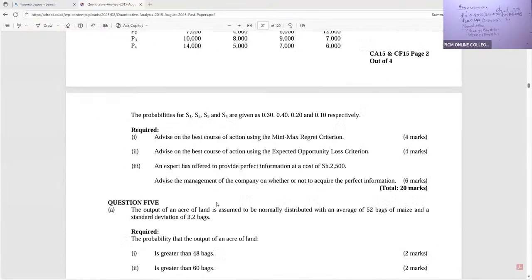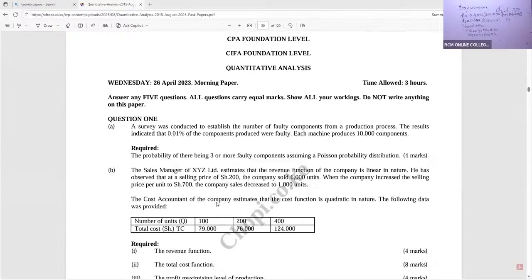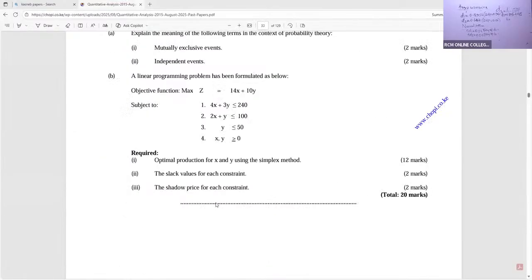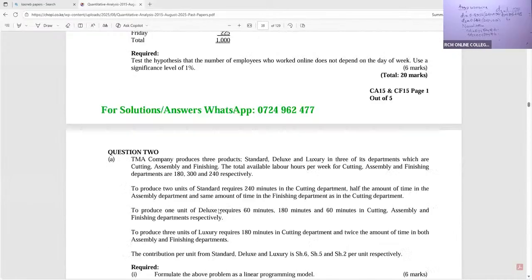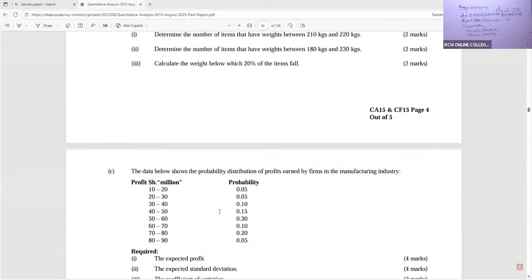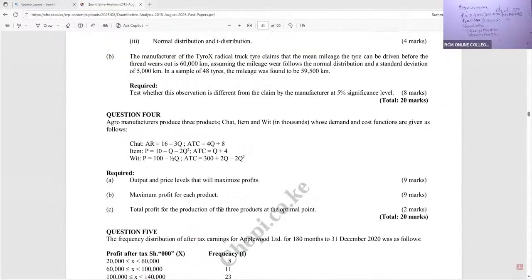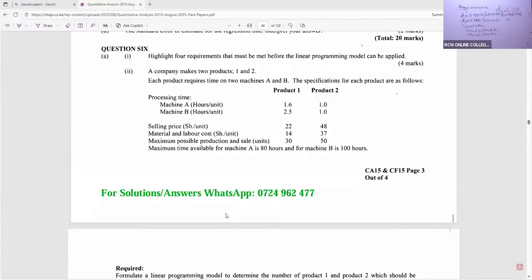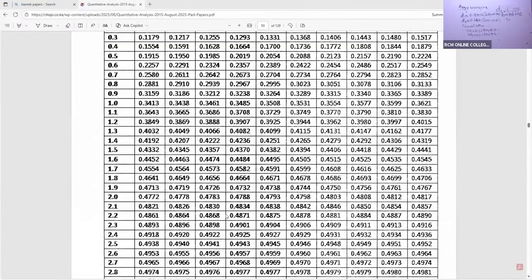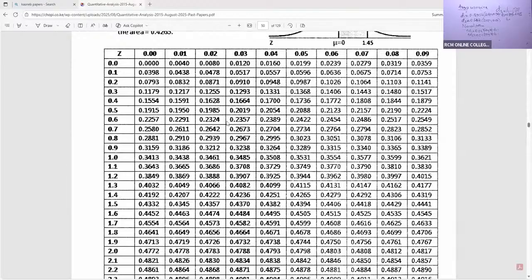Get used to it. If you have a calculator and you know how to use it, the better, the very best. But that means buying some other type of calculator, which will currently cost about 3,000 shillings.